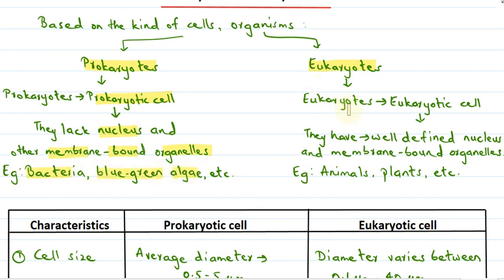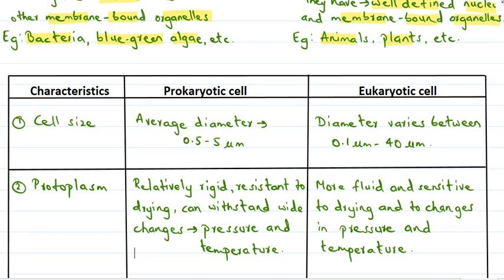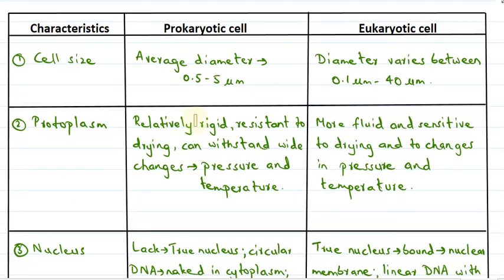And eukaryotes are those organisms that have eukaryotic cell, and eukaryotic cells are those cells that have well-defined nucleus and all the membrane-bound organelles. For example, animals, plants, etc. These are eukaryotic organisms that have eukaryotic cells. Then we distinguished between prokaryotic cells and eukaryotic cells.